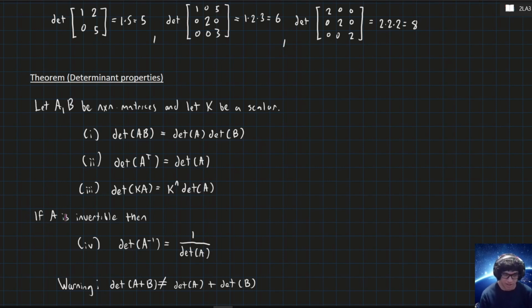Now, if A is invertible, then the determinant of the inverse of A is equal to 1 over the determinant of A. Finally, we'll end with a warning that although the determinant has a nice multiplicative property, it does not have a nice additive property. In general, the determinant of A plus B is not equal to the determinant of A plus the determinant of B.